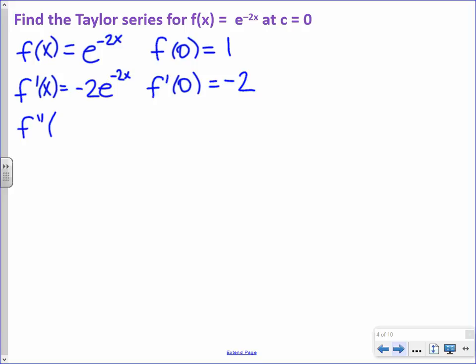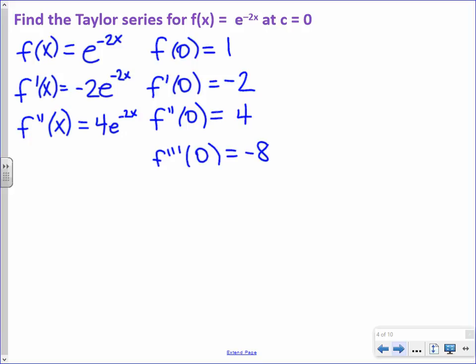Let's get a couple under our belt here. The second derivative would then be 4 e to the negative 2x, right?